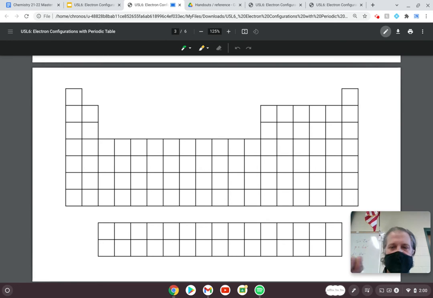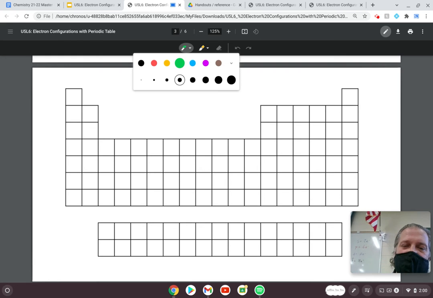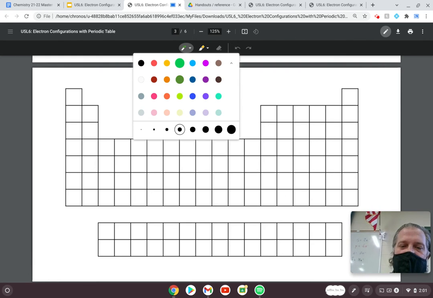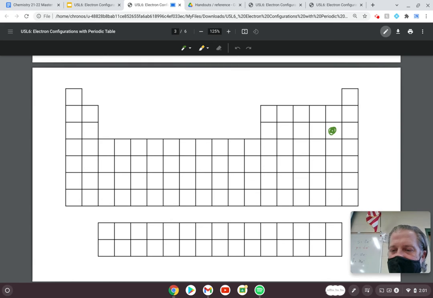So if we pick any element, it doesn't matter which, but let's say we pick the element right here. If we locate that element in the periodic table, you would tell me that element is chlorine, correct? So I'm going to erase that dot and put chlorine.